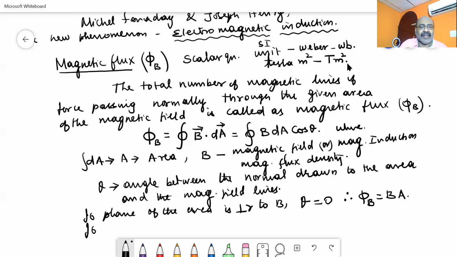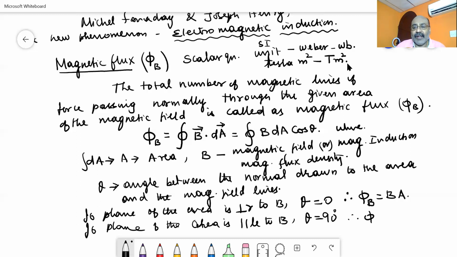Similarly, I can write if the plane of the coil or plane of the area is parallel to the magnetic field, that is, B is the uniform magnetic field, then theta equals 90 degrees. Therefore, phi B is equal to 0. In both of these cases, I am taking B as uniform, that is, the magnetic field is a uniform magnetic field.